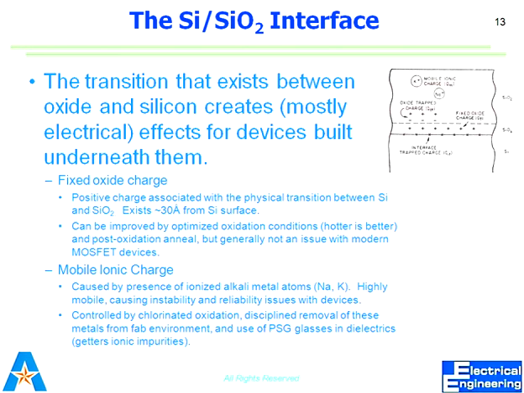These fixed oxides are very close to the interface. It's mostly 30 or 40 angstroms from the silicon surface, so very close to the silicon surface.